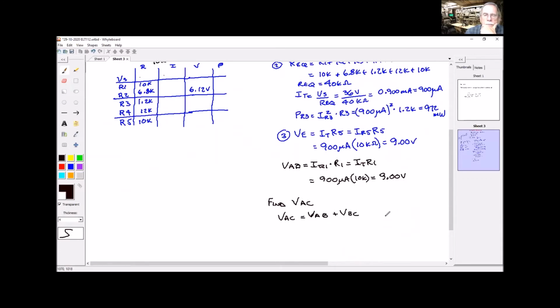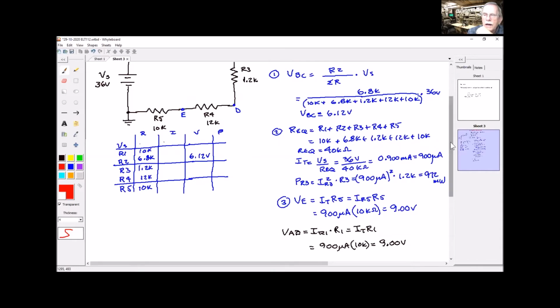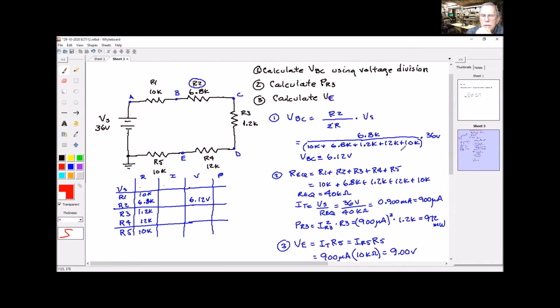Now what we need to do is figure out what's positive and what's negative. We figured out that VAB is 9 volts. We figured out that VBC is 6.12 volts. But we need to put in polarities. So if I think about VAB, is plus on the left end of the resistor or the right end?